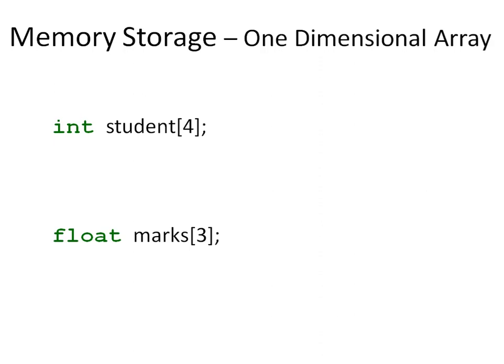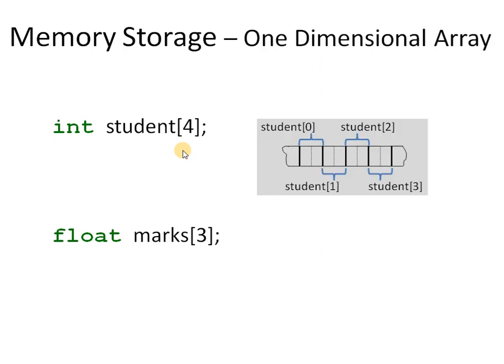Then, the moment we declare int student[4], that means continuous memory to hold 4 integers gets allotted by the system. Here, an integer is taking 2 bytes. So, 8 bytes in continuation gets allotted.